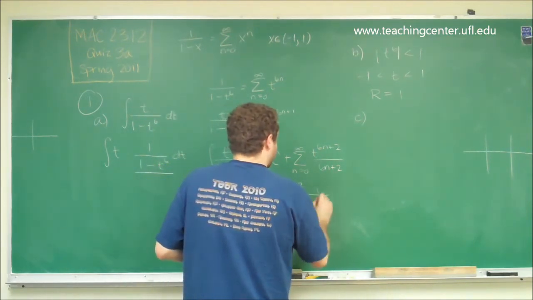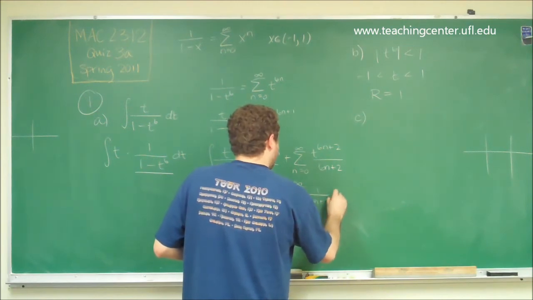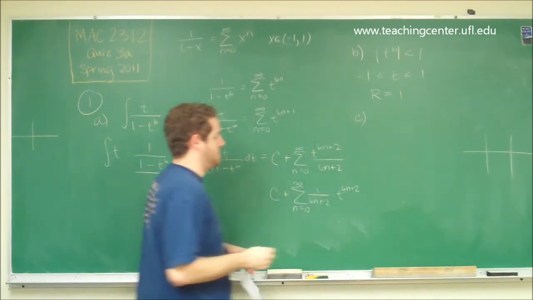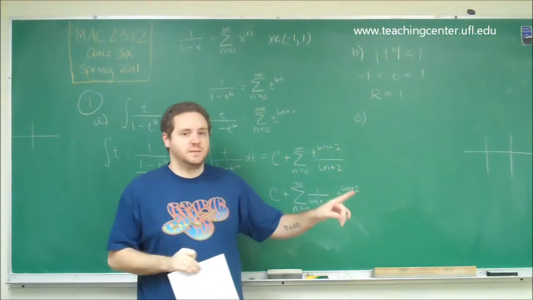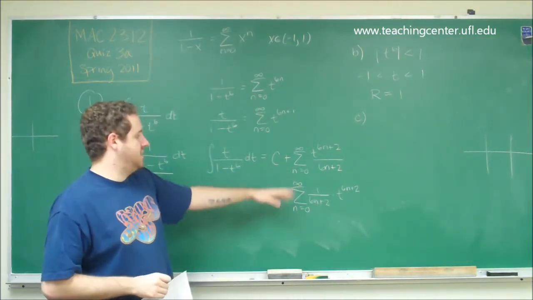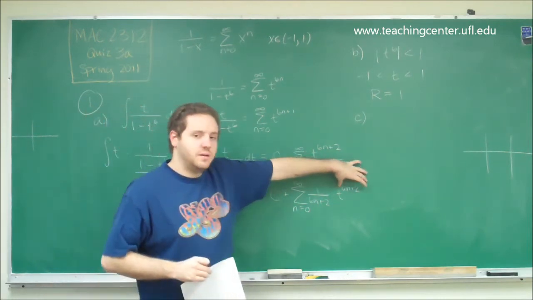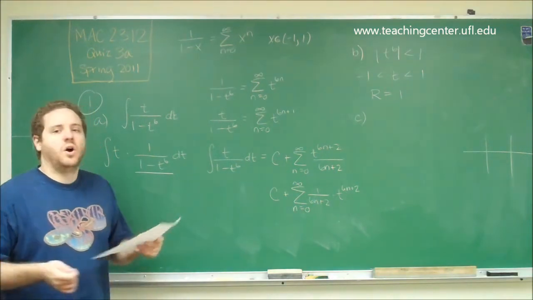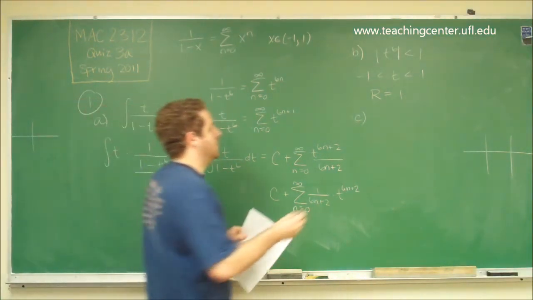This is 1 over 6n plus 2 times t to the 6n plus 2. So every term of this series is going to be a coefficient and a power of t. So we just need to figure out what these coefficients are.